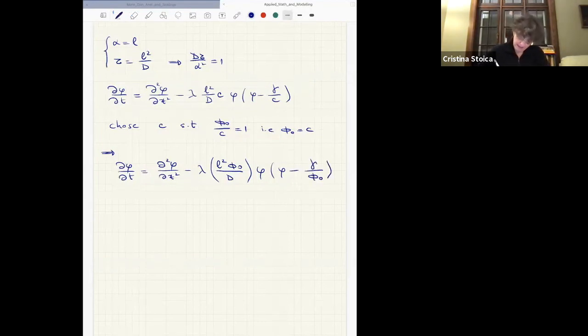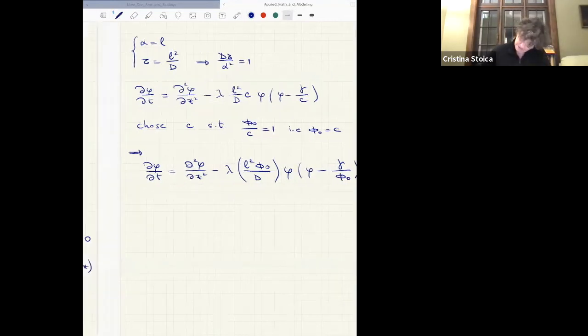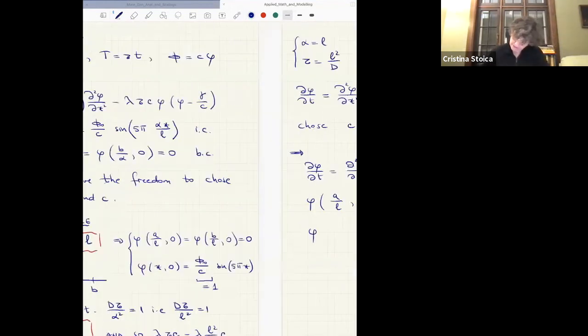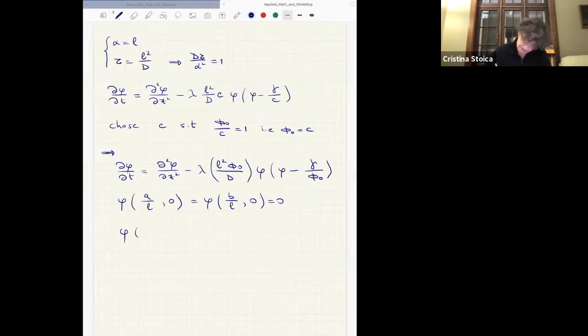These are the boundary conditions first, and then the initial condition, which now looks like something that we studied in the PDE course, sine of pi x. So now it looks like a PDE that is perhaps a little more familiar.